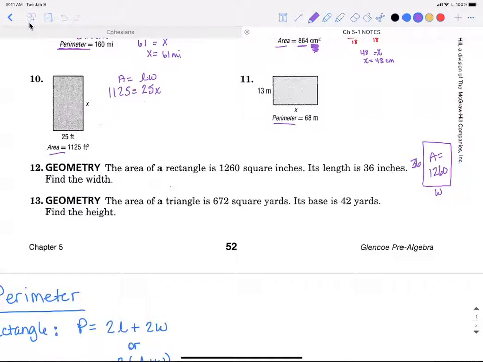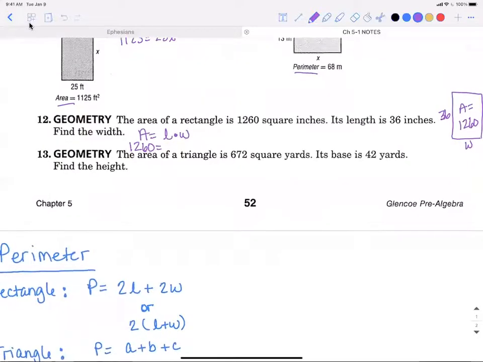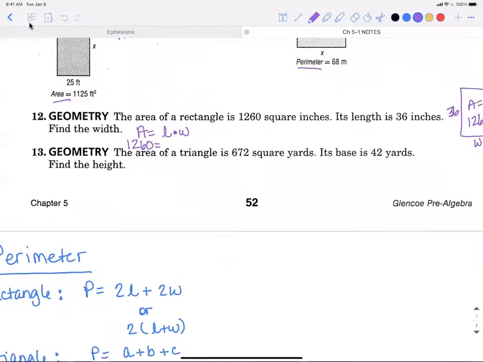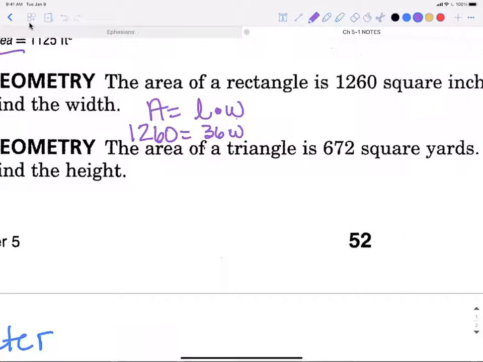Okay, so we've got this rectangle, and we know that the formula for area is area equals length times width. They give me the area, so under the A, I'm going to put 1260. And then for the length or the width, one of the two, it doesn't matter, I'm going to put a 36, and then I'm going to solve for the W. So I've plugged in the area that they gave me and one of the sides they gave me.